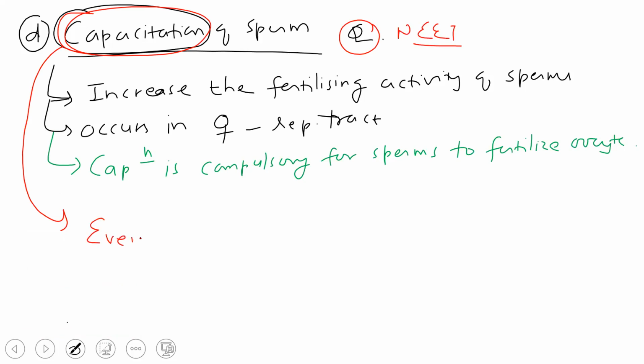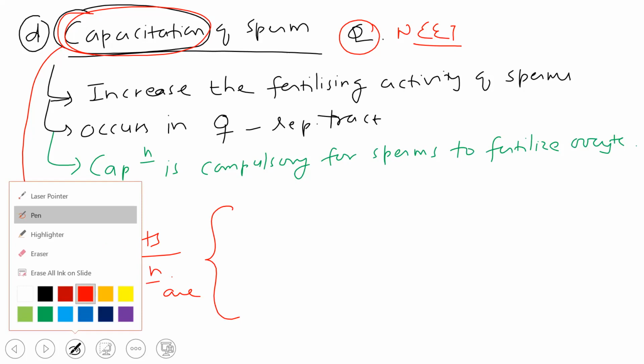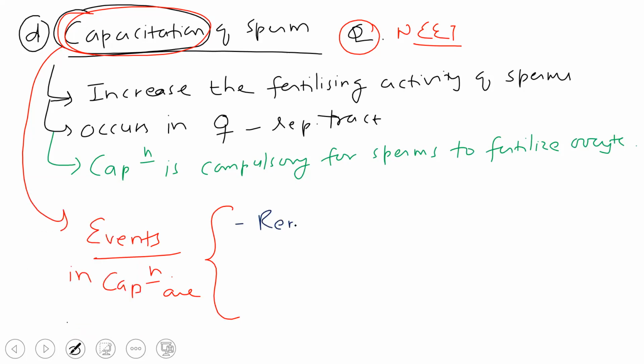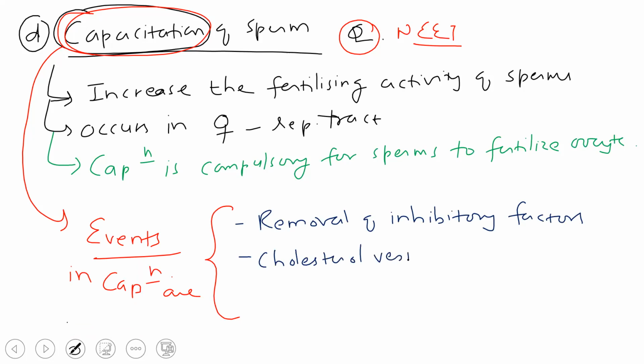The events which occur in capacitation are removal of inhibitory factors, cholesterol vesicles are removed, and calcium ions entry in sperm.